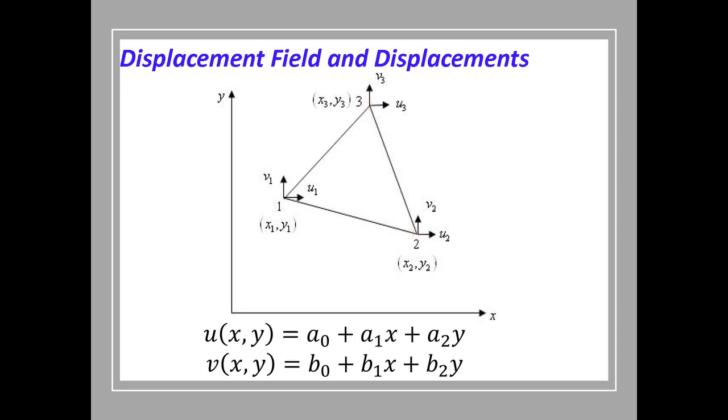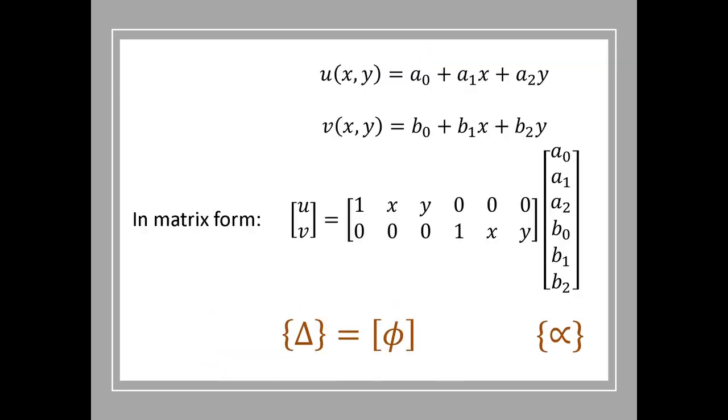The displacement field of a triangular element is demonstrated. This equation can be used to put the polynomials in matrix form. Therefore, we can state that matrix phi multiplied by vector alpha equals the displacement vector delta. Note that the vector alpha of the polynomial's coefficients is unknown and needs to be determined.